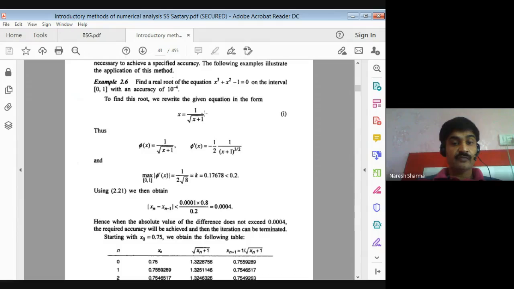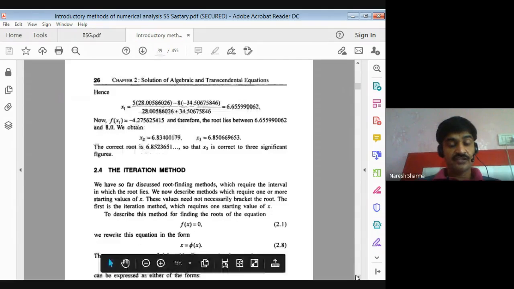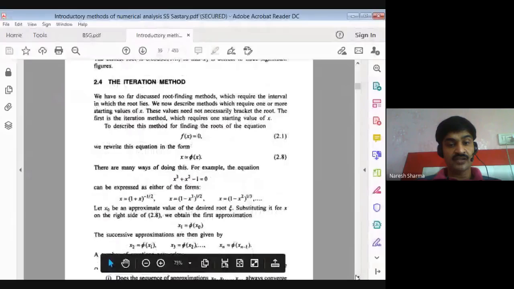So for this form, your condition is satisfied. You can check the remaining forms also. If those forms also satisfy this condition, we can go for that, else not. As we discussed, we have these few forms, more forms are there also, right?